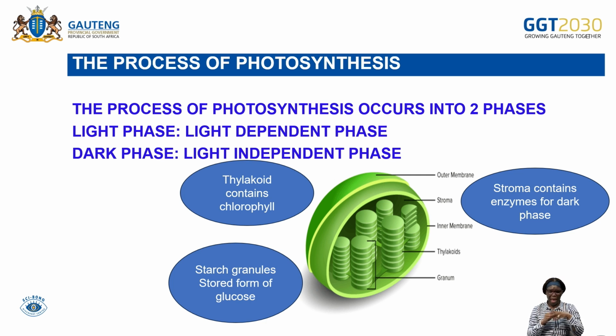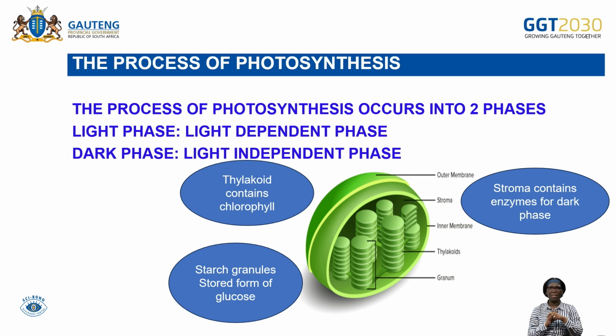Chloroplast. Where in the chloroplast? It has the thylakoids containing chlorophyll, and the light phase will take place in the what? In the grana, and then the dark phase will take place in the what? In the stroma. Then in the stroma, we will find enzymes that will be responsible for the light-independent phase.